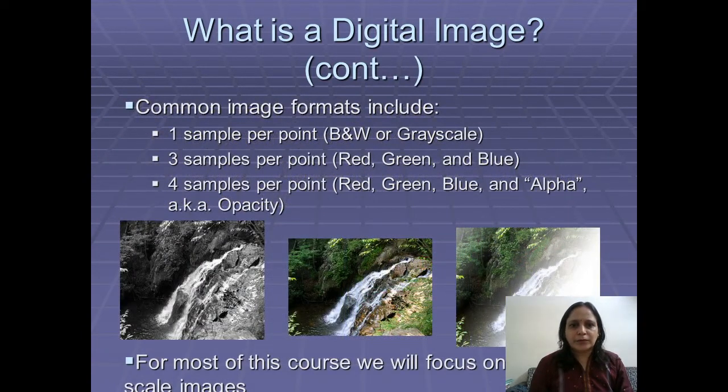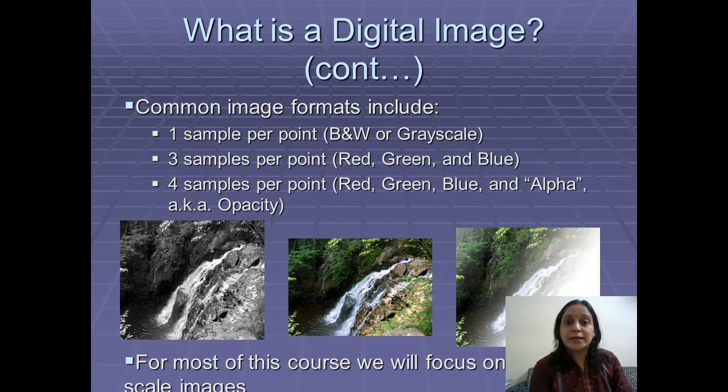This is nothing but an approximation of the real scene. Now there are many common types of digital image, or you can say formats of images. One is one sample per point, that is a black and white or grayscale image. There are red, green and blue samples, we call it a color image. Or there is one more kind of image where we are storing 4 samples per pixel. If we are storing one sample per point, we call it a black and white or grayscale image.